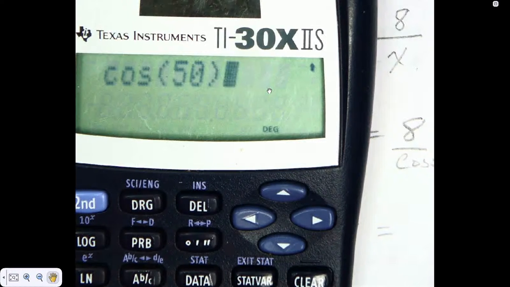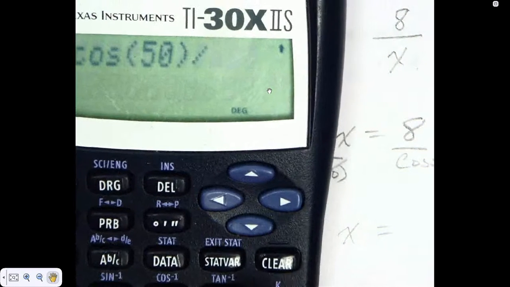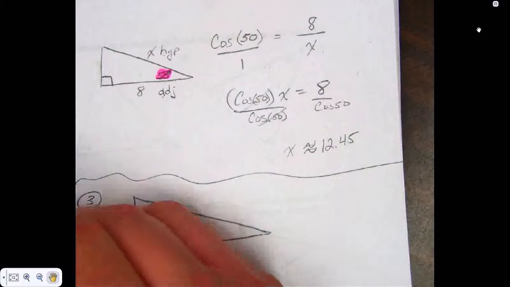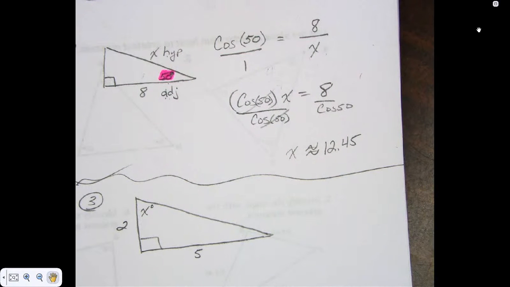That's because it's in radians. However, I change it to degrees, which is what we wanted, and I go inverse tangent of 5 divided by 2, close my parentheses. I end up getting 68.198. Okay? So is mine on the right one? Yeah. Thank you.